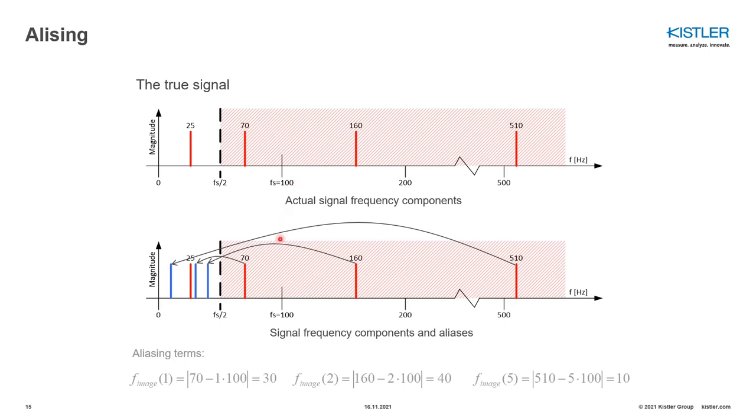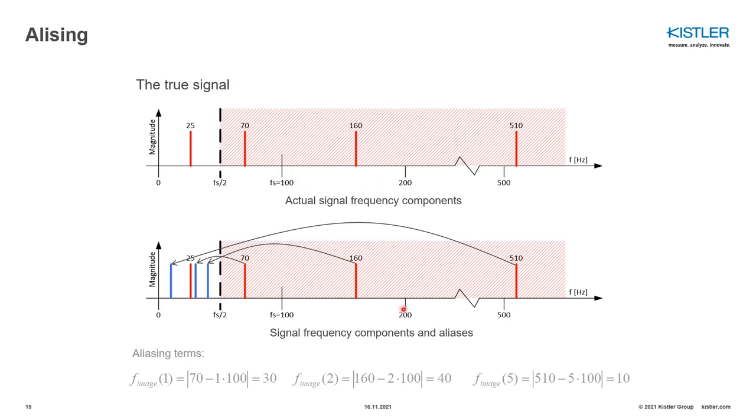So what we will be measuring is, for instance, the difference between 170 and 200, which is 30 Hertz, as you can see here. We will also be measuring, you can see there's another frequency, 160 here. The second harmonic of sampling frequency rate 100 is 200.